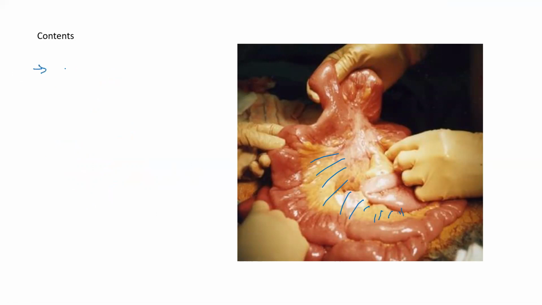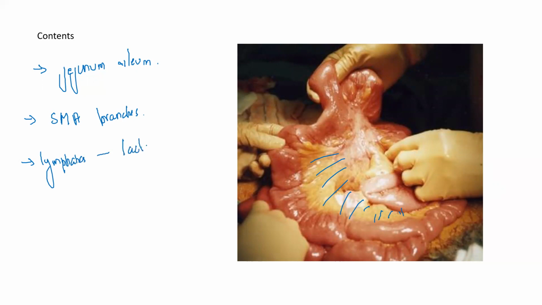What are the contents of the mesentery? The jejunum and ileum, the branches of the superior mesenteric artery that supply the jejunum and ileum, isn't it? Then the lymphatics. What do you call the lymphatics of the intestine? Lacteals, isn't it?